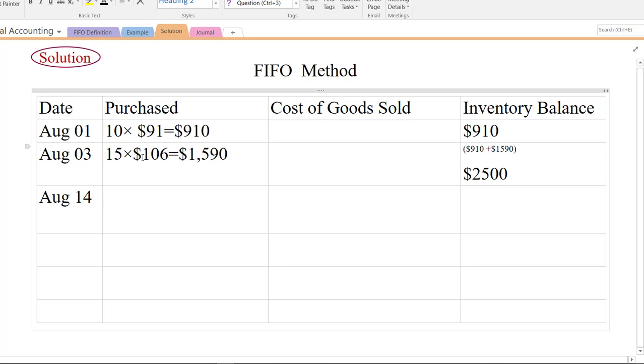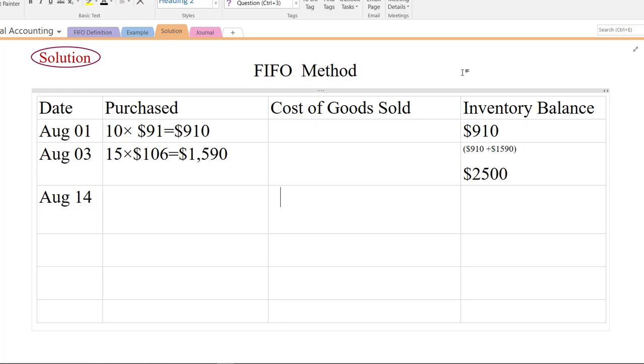We are using the method of FIFO, students. Do not forget it. You can see it here on top, I have written that we are using the method of FIFO. When we are using the method of FIFO, those inventories which we have purchased first of all, we are going to calculate the cost of goods sold of those inventories.